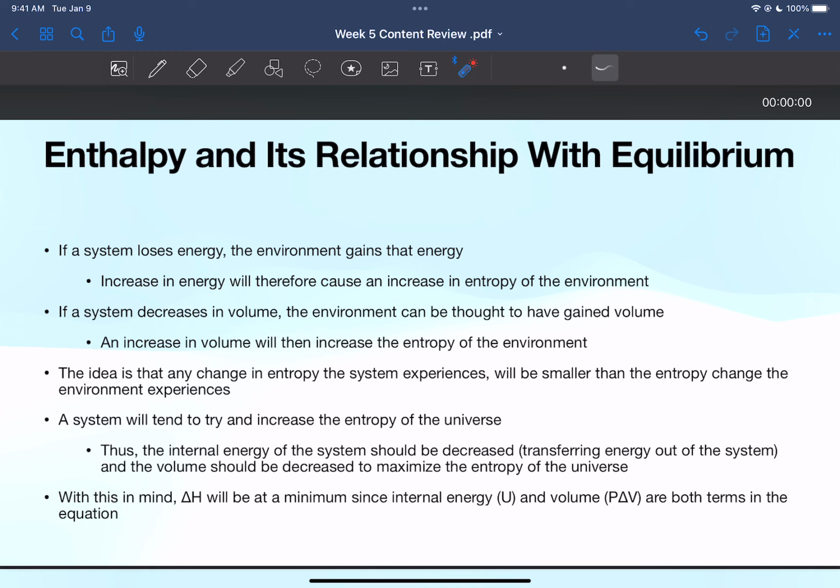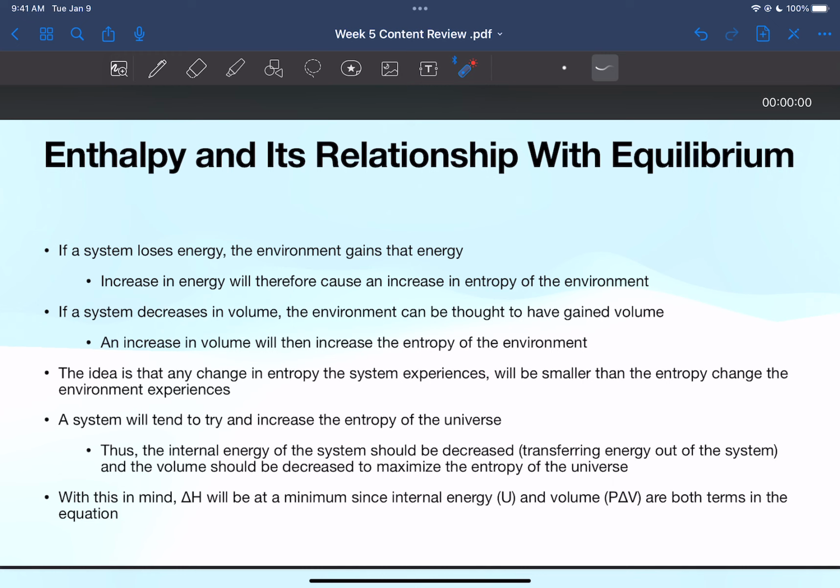And so they could be excited and have increased temperature, increased kinetic energy. They could take up more positions in the environment. They can distribute their energy in more ways, right? And so if you're distributing energy in more ways, you're taking up more states in the environment. You're increasing your microstates, you're increasing your multiplicities, and therefore increasing the entropy, right?